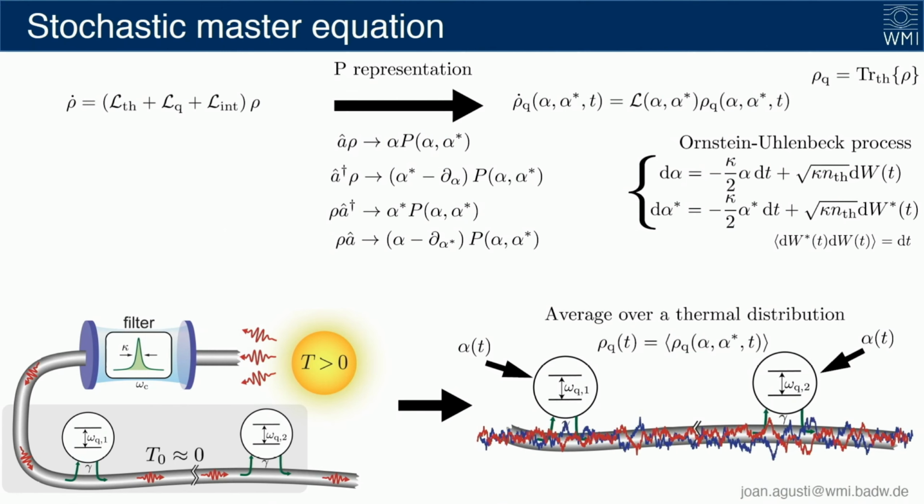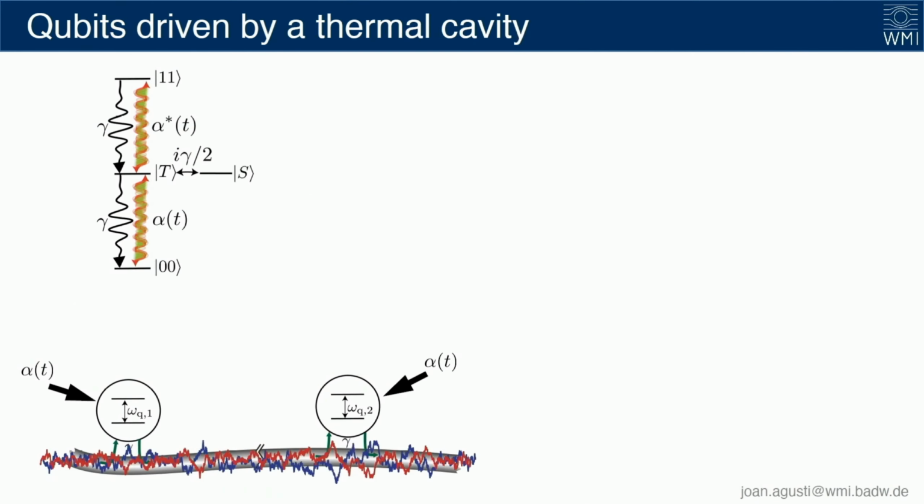And if we want to recover the dynamics of the original system, we have to average over the whole ensemble. In this case, it's just going to be over some thermal distribution given by the Ornstein-Uhlenbeck process. So now you can already see the relation to the parenthesis I opened before, because now we don't have a coherent driving anymore. We actually have a fluctuating driving.